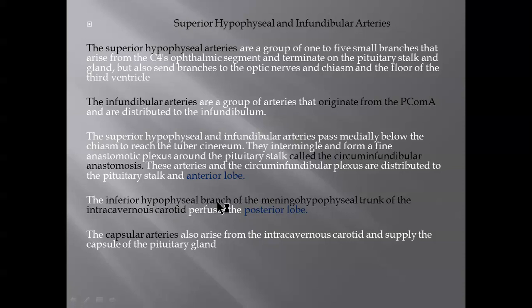Then we have the inferior hypophyseal branch coming from the meningohypophyseal trunk, which is a part of the cavernous segment, supplying the posterior lobe. Then we have the capsular arteries, which surround the capsule of the pituitary gland.